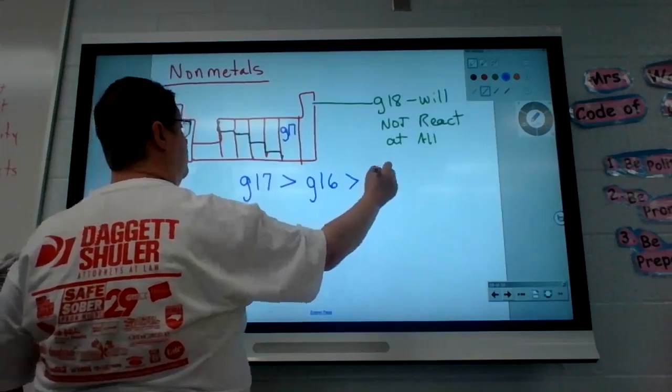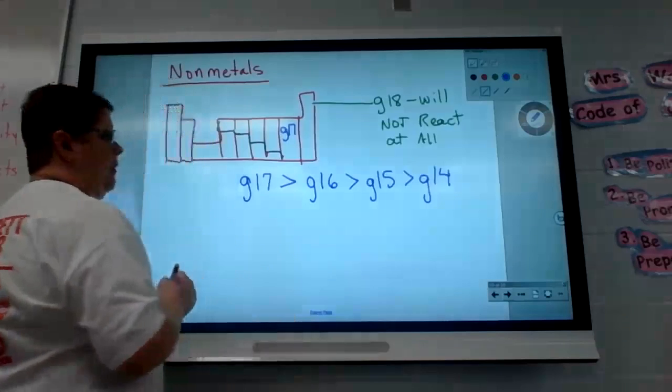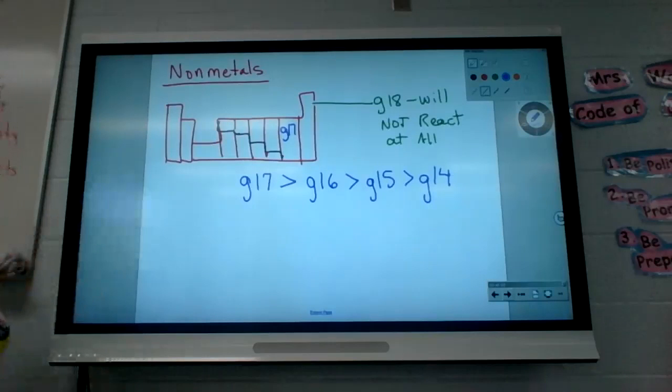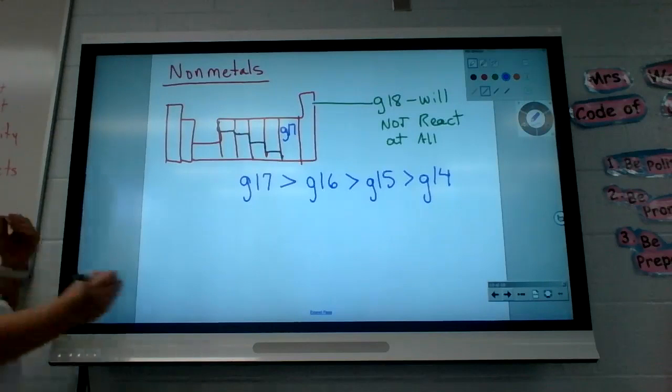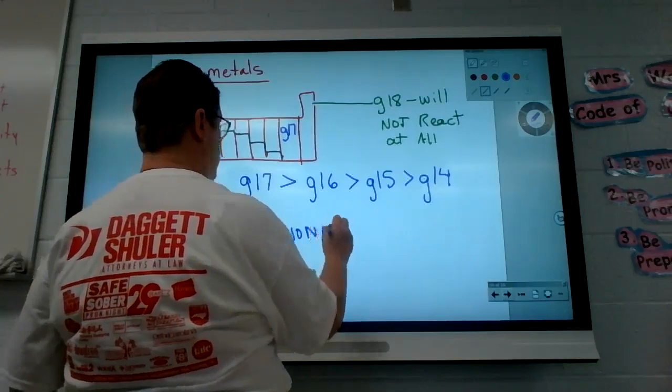And one more. Now, for them, how's their reactivity going to work inside the group? Opposite. Okay, so they're going to get more reactive as we go up. That's right. So again, I'm going to write it right over the top of the arrow.